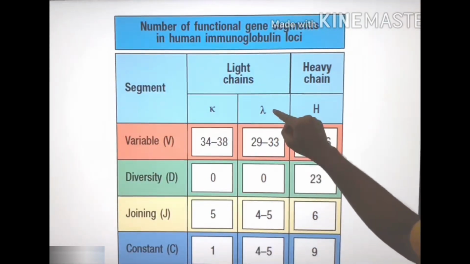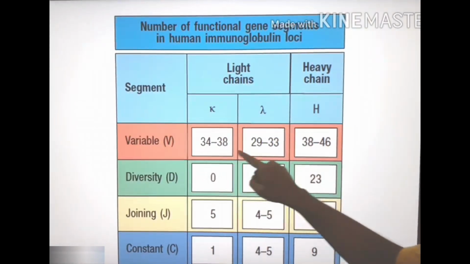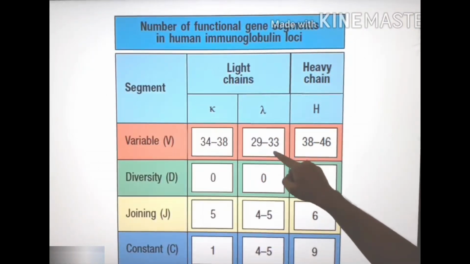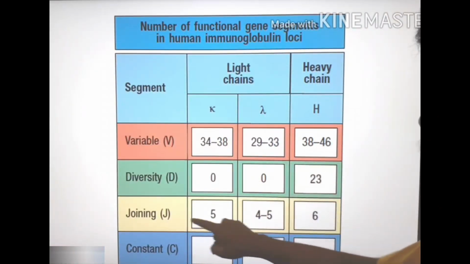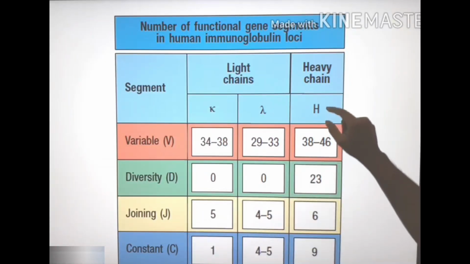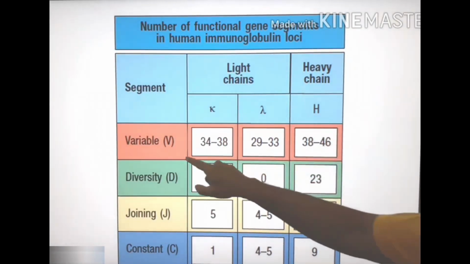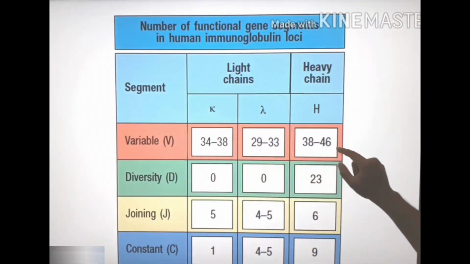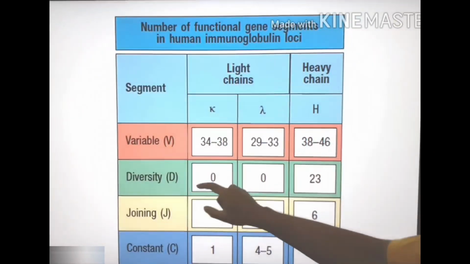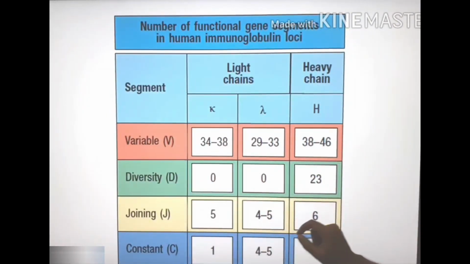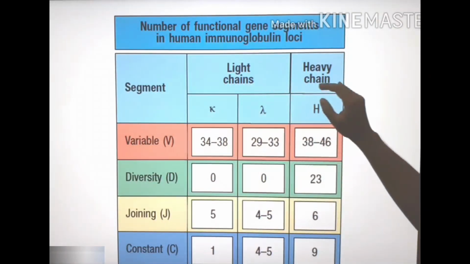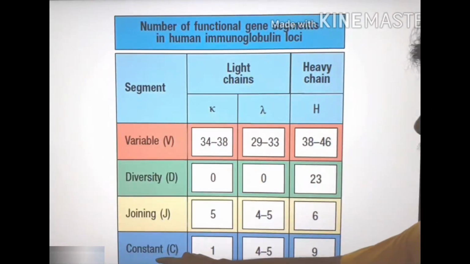In case of lambda, the variable region can be 29 to 33. There is no diversity, D segment. Joining region can be 4 or 5. And in case of heavy chain, the variable region can be 38 to 46. There is diversity region 23, joining region 6, and all these light chains and heavy chain consist of constant region.